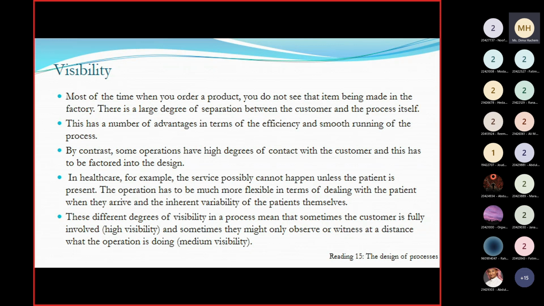Again, higher visibility will lead to higher complexity because you want to have everything very well made in front of the customer, and the customer himself will add this complexity. The complexity will add cost on your operation. Any questions regarding the 4 V's?